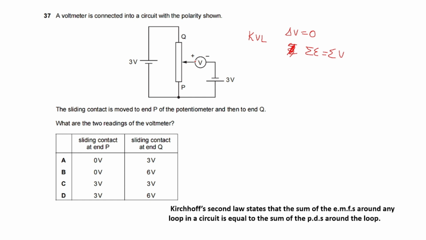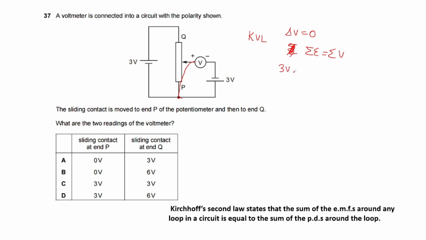Okay, so in the first case, it is connected to the terminal P. So this is the closed circuit now. So we can consider the charges flowing from this P position in the anticlockwise direction.